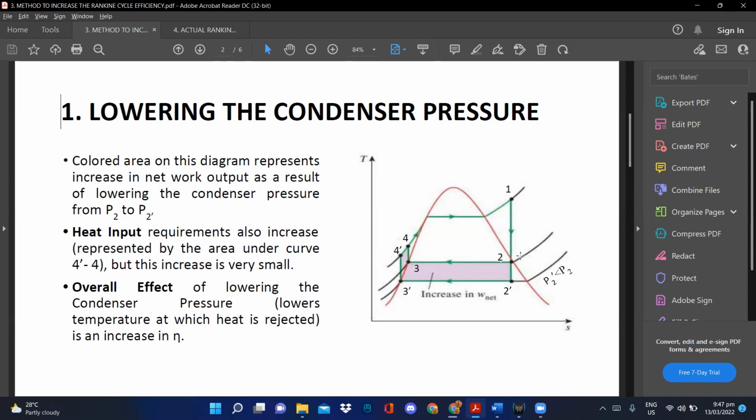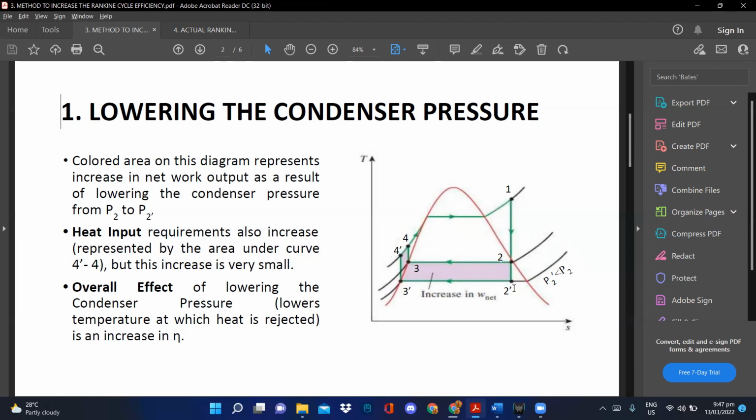So if you compare with the previous ideal Rankine cycle, this 1, 2, 3, and 4 and 1, this is the ideal cycle, but if we're going to lower the condenser pressure, we will introduce 2 prime. So what do you mean by that?